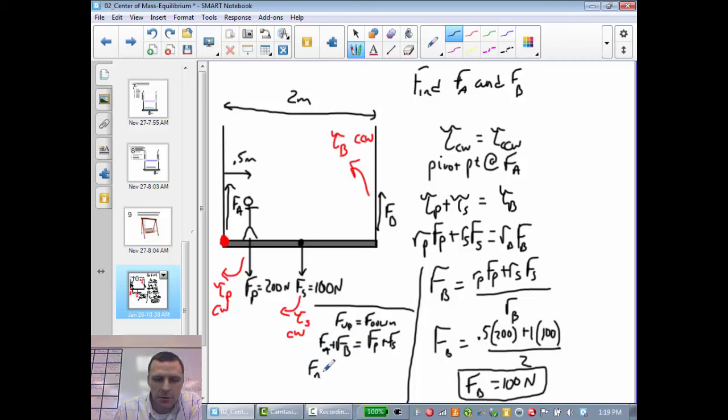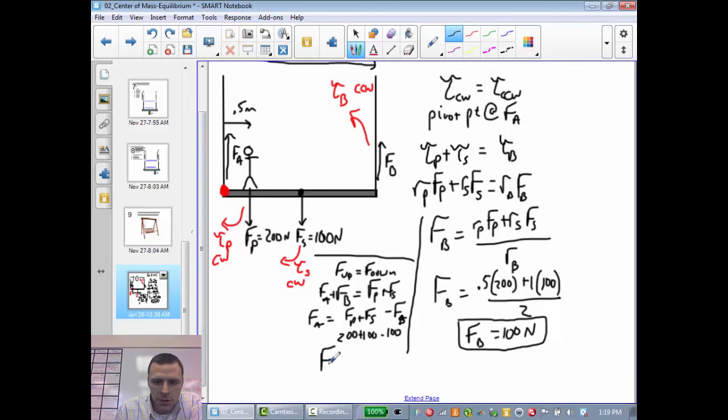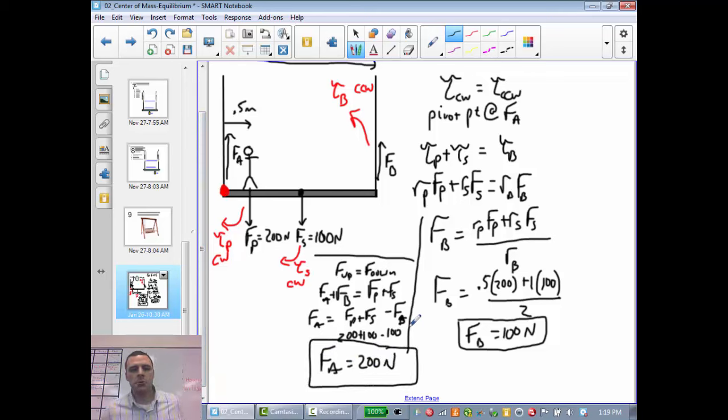When I solve for force A, I get FP plus FS minus FB. Let's see what this is: 200 plus 100 minus 100. So force A equals 200 newtons. And there you have a simple example for finding equilibrium with two unknowns when there are cables.